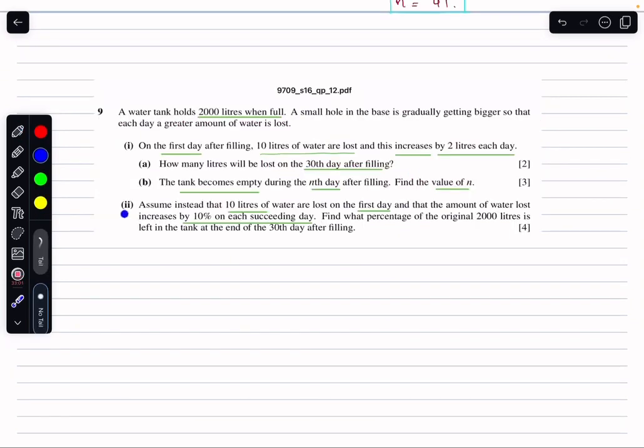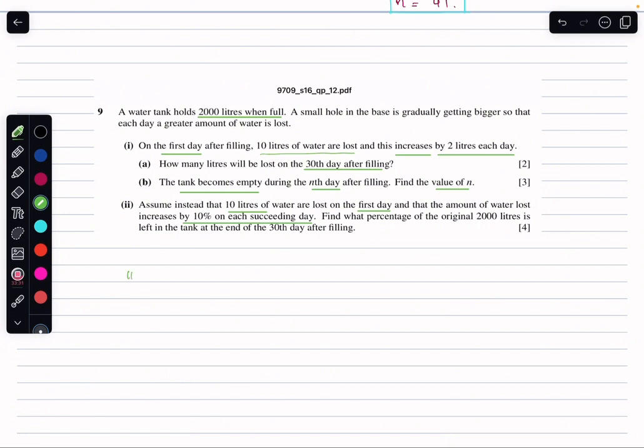After 41, part 2. Assume instead that 10 liters of water are lost on the first day, and the amount of water lost increases by 10%. So 10% means we are following the geometric progression. Let's start getting in the data. 10 liters of water are lost on the first day.